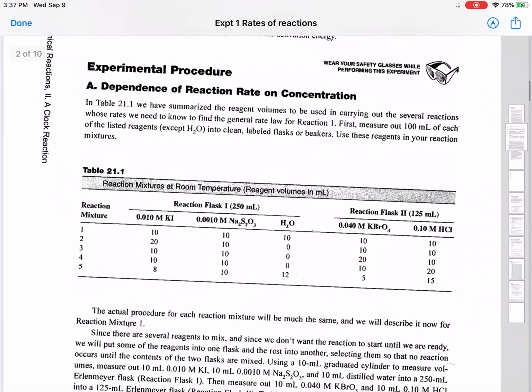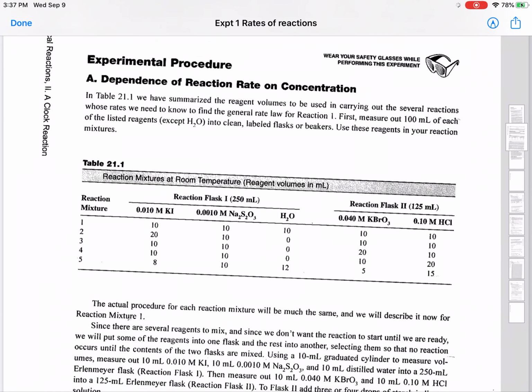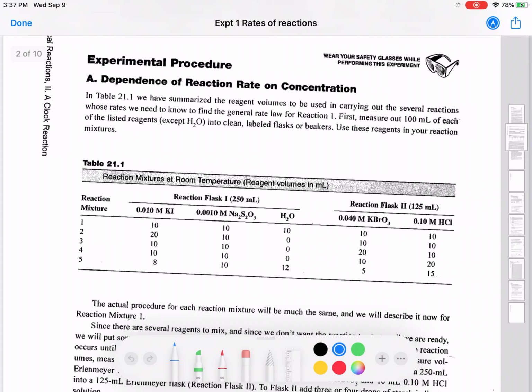We also talked in the pre-lab calculation part about using two flasks. Please also watch the virtual video; it will explain what we're going to be doing. You're going to take two flasks, and for the first flask you're going to add three reagents: potassium iodide, sodium thiosulfate and water, in these amounts, 10, 10 and 10.